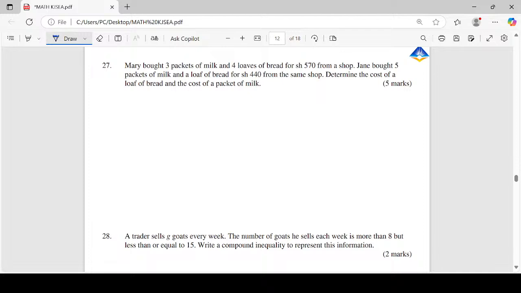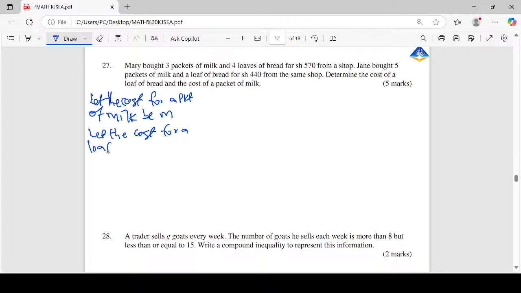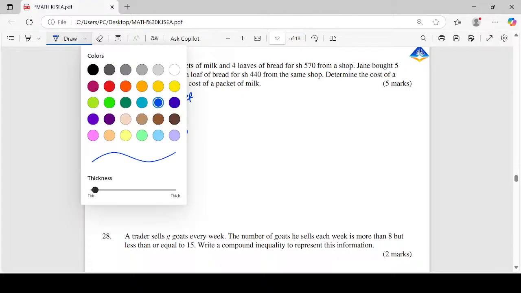So learners, I want to do it like this. Let the cost for a packet of milk be M, and also let the cost for a loaf of bread be equals to B. Now we can form our simultaneous equations.